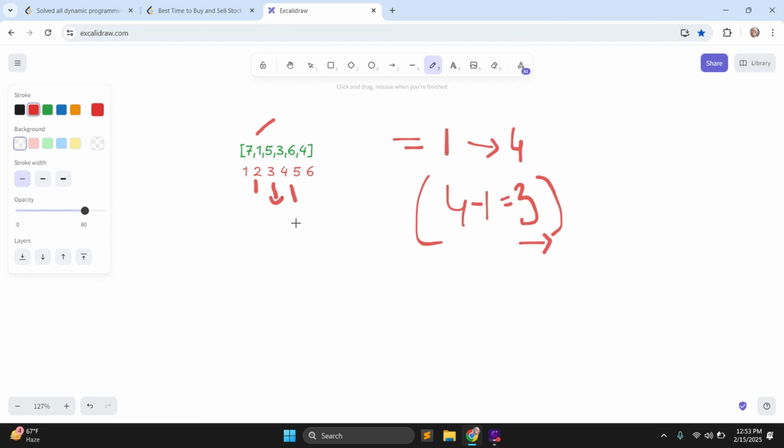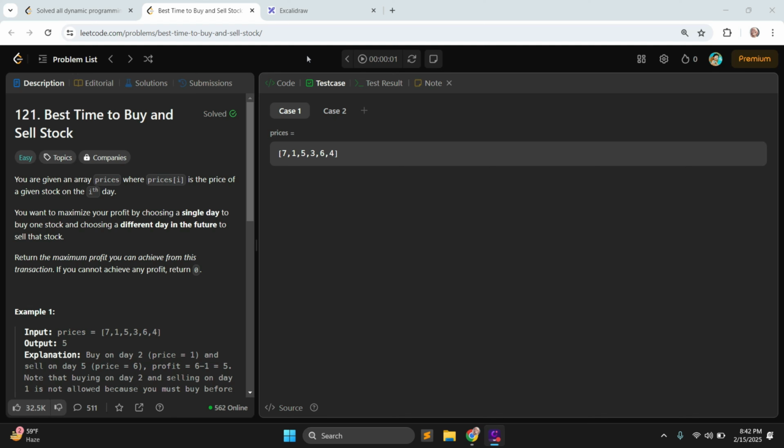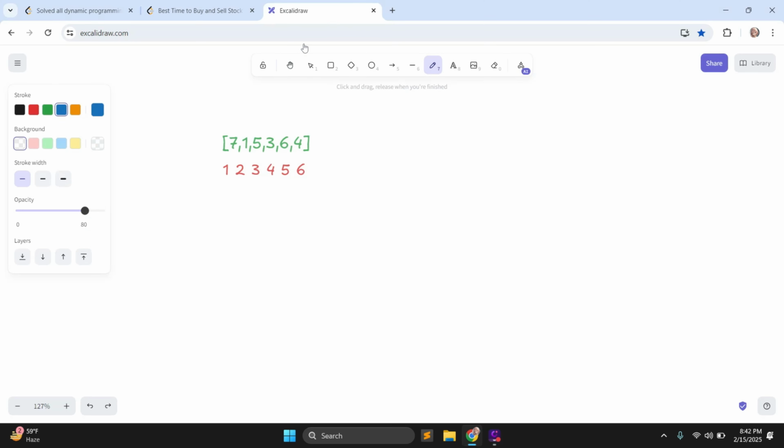Okay, so now the problem statement is clear to everyone. In order to solve it, let's suppose I'm standing on the second index and the price is 1, and I already know the maximum price I can sell at on future days from i plus 1 to n, for example the maximum price 6 on the fifth index.